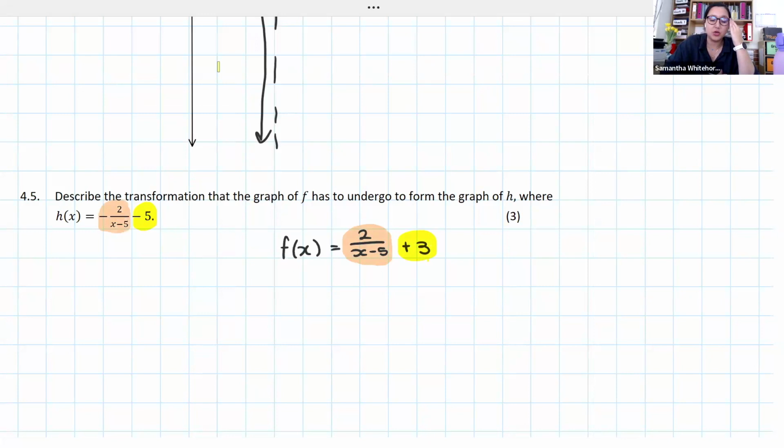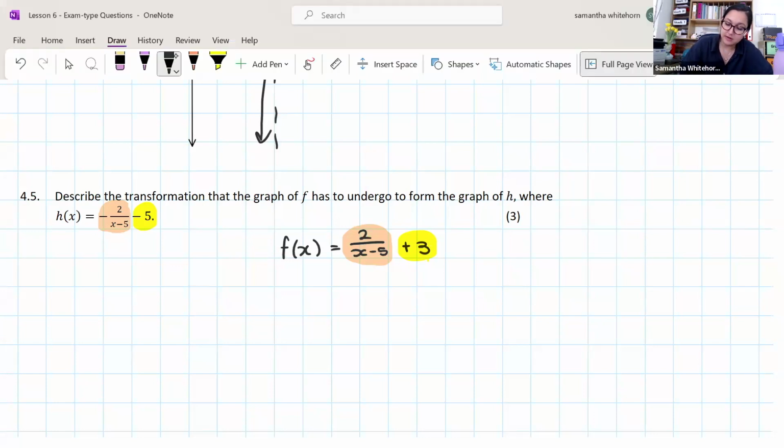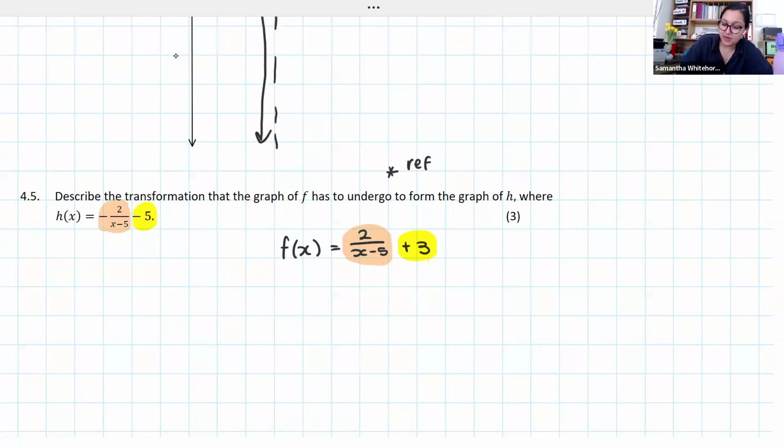Now it depends which transformation you see first. That negative in front of my fraction implies that there's been a reflection over the x-axis. Okay, now remember, if you reflect over the x-axis, the y-coordinate changes sign.